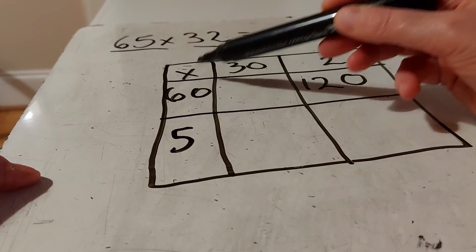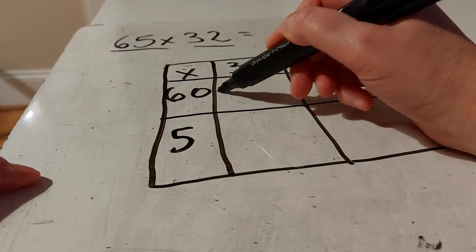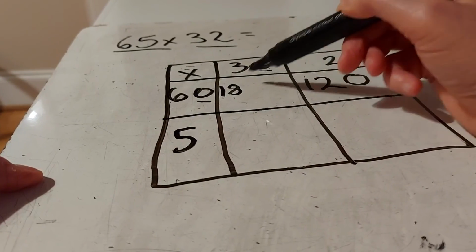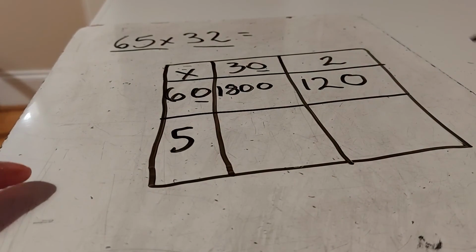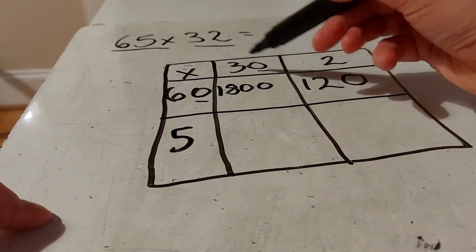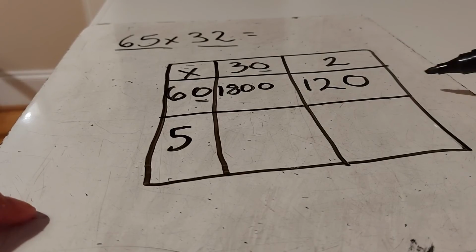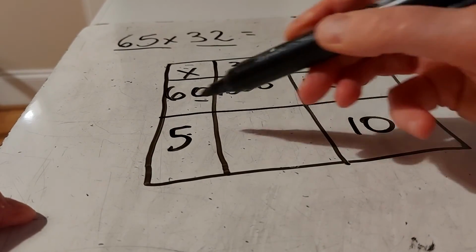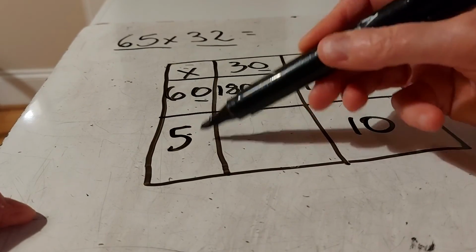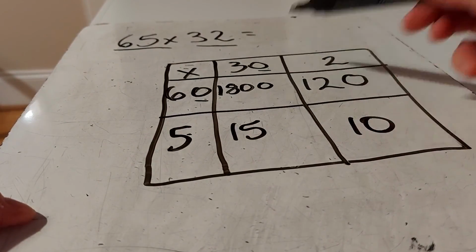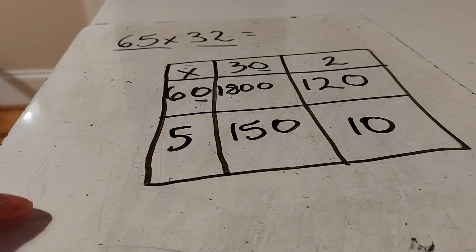So we do 6 times 3, which is 18. And then we add these 2 zeros to make the answer 100 times bigger, okay? Because there's a 0 there and there's a 0 there. It's just about following the rules. 5 times 2, 10. 5 times 30, so 5 times 3 is 15. And of course, we must remember to add that 0 on there.